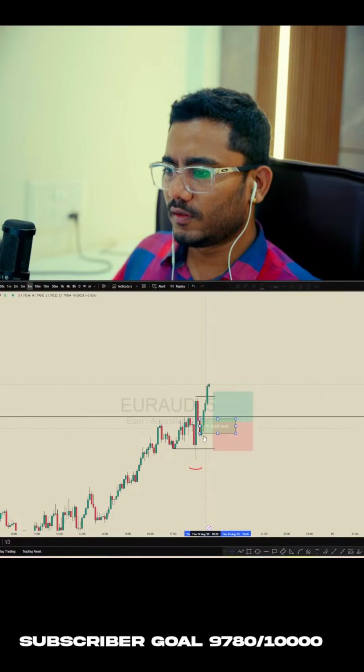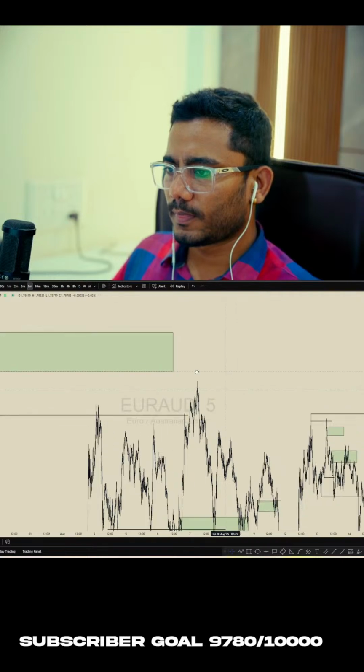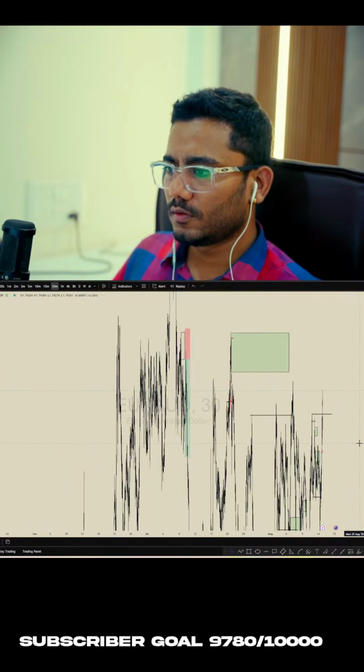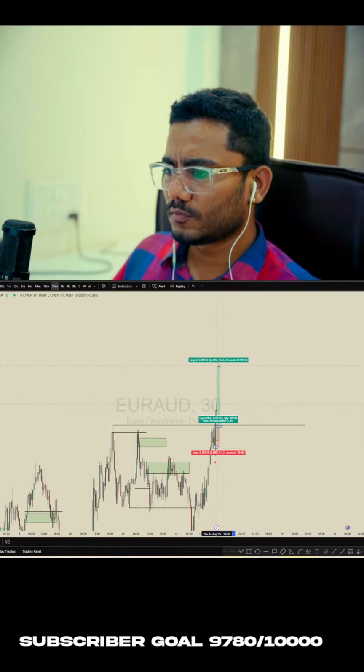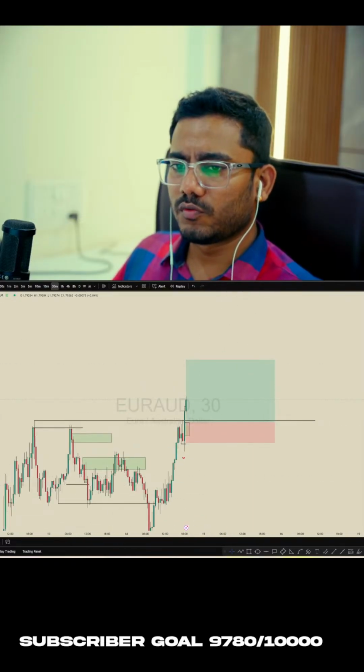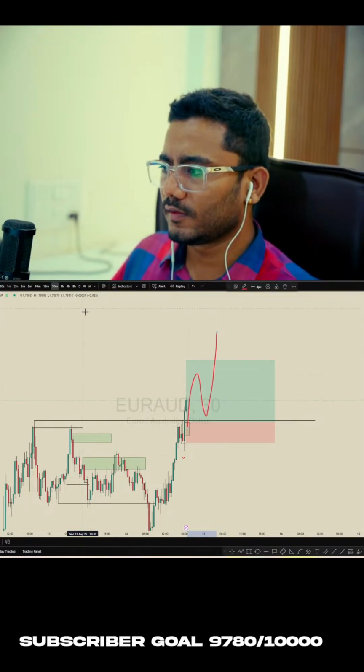We can refine this till the 5-minute order block. Target the next order block. It's around 1:3. If you look for a CHoCH in this, then probably it will be more than 1:5, 1:6.